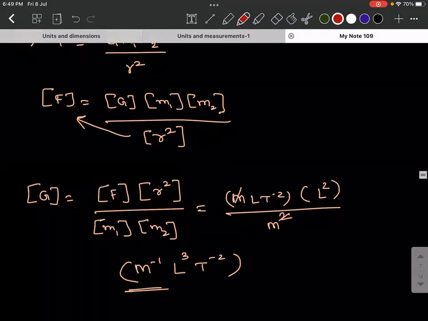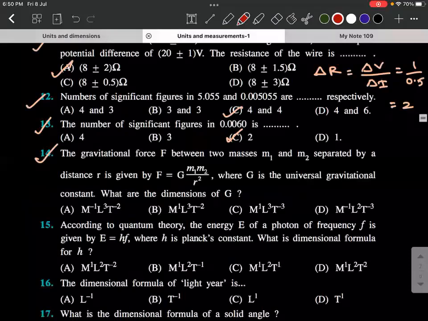So the dimensional formula of F is MLT minus 2, and of r square is L square, divided by the dimensional formula of m1 into m2, which is M square. So one M got cancelled. You have M minus 1 L cube T minus 2. Is that clear? So is there an option in the first place?